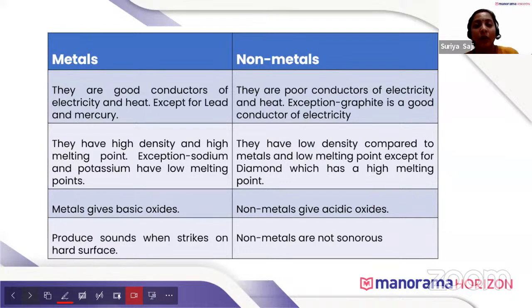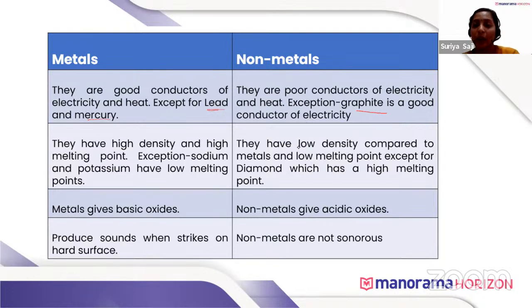Metals are good conductors of electricity and heat. Lead and mercury are exceptions. Non-metals are poor conductors of electricity and heat. The exception is graphite, a non-metal which is a conductor of electricity.